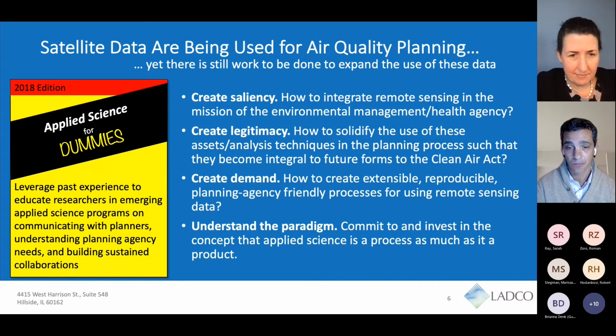How do you create planning agency friendly processes for using remote sensing data, portals and tools that are easily accessible to allow these data to be used by you all in your day-to-day work? And then also, investing in the paradigm that there needs to be active partnerships between researchers like Dr. Holloway and air quality planners so that they can communicate and hear each other's needs and uses of satellite data and how to bridge some of the gaps that are there.